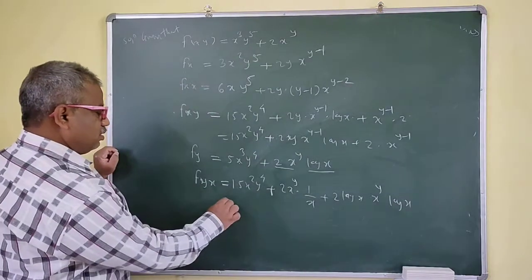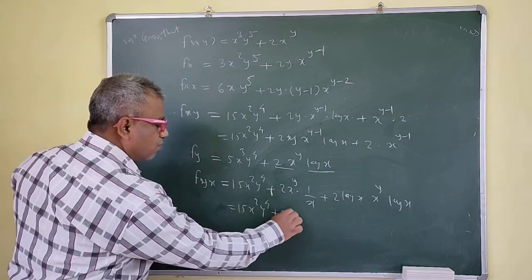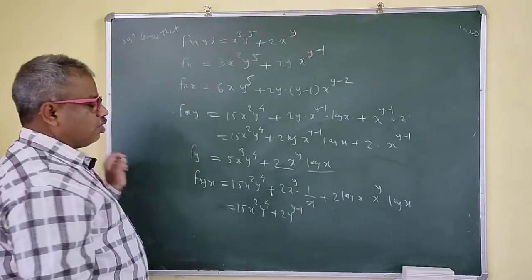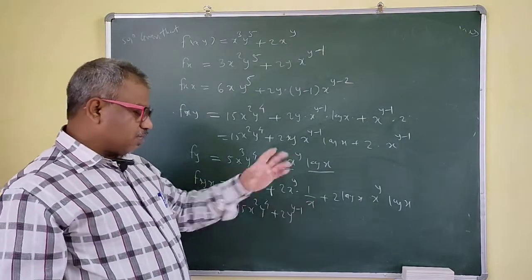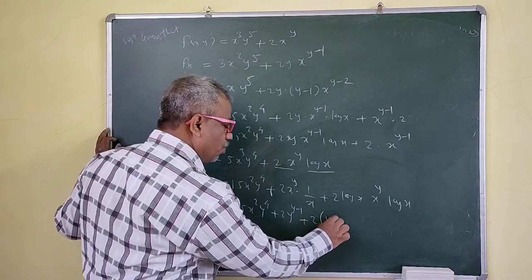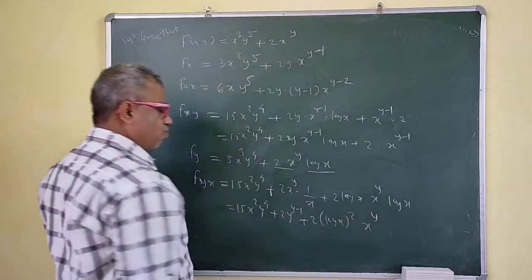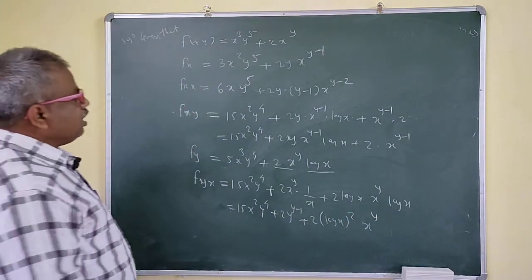Just we will simplify this. This is 15x square y raised to 4 plus 2 y minus 1. This is x to the power y upon x, which is nothing but x to the power y minus 1, plus 2 log of x bracket square. This is log x, that is log x, x to the power y. Right?